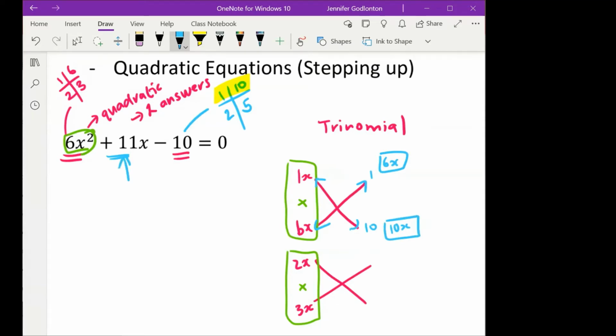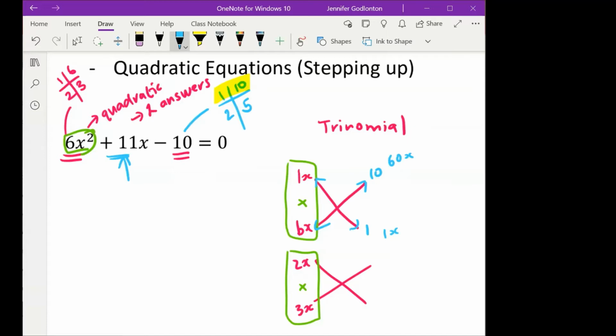No, I could get to 16x or I could get to 4x, but I can't get to 11x. So I know that that doesn't work. So that is out. What if we tried a 10 there and a 1 there? Then I would have 60x and 1x. I definitely am not going to be able to get to 11x with 60x and 1x.